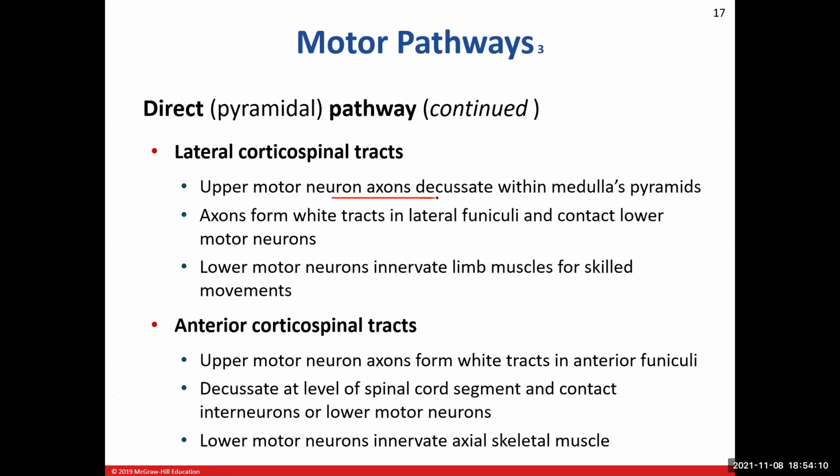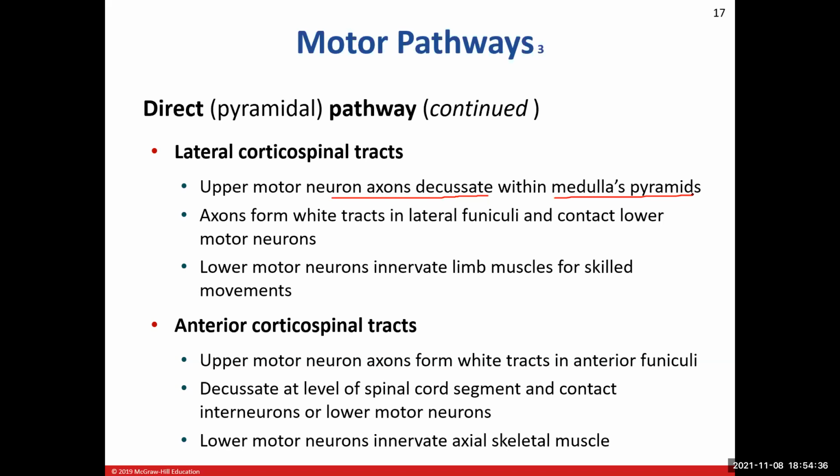It is going to decussate within the medulla oblongata's pyramids. And I hope that you remember that from chapter 13. The medulla oblongata's pyramids are those two anterior bulges right in front of the medulla oblongata. And that's where we're going to see these upper motor neuron axons cross over.